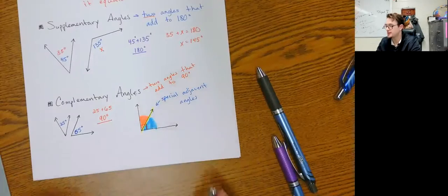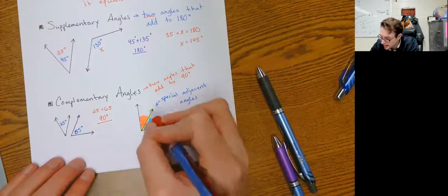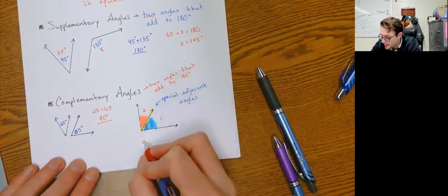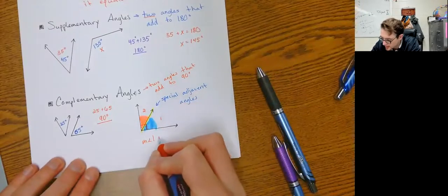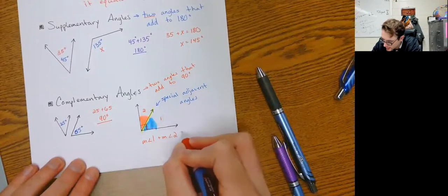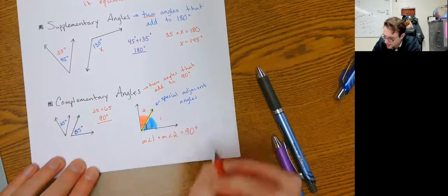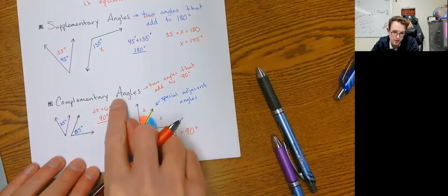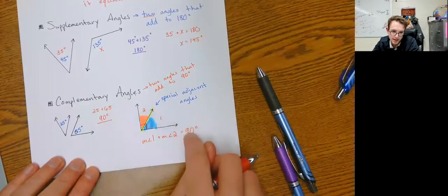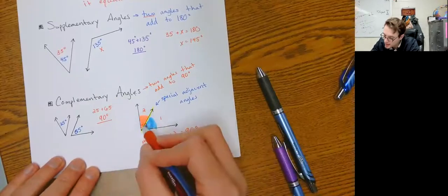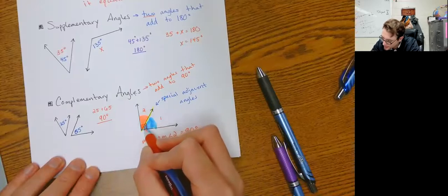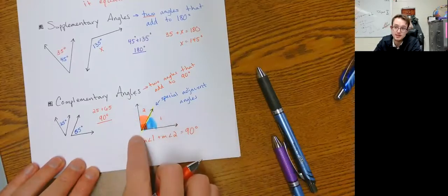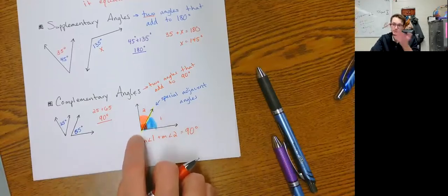So I could say if this was angle 1 and this was angle 2, the measure of angle 1 plus the measure of angle 2 equals 90 degrees. So therefore, they're complementary because they add to 90. And I know they add to 90 because of this little square down here. It means that this is a right angle, and a right angle is 90 degrees.